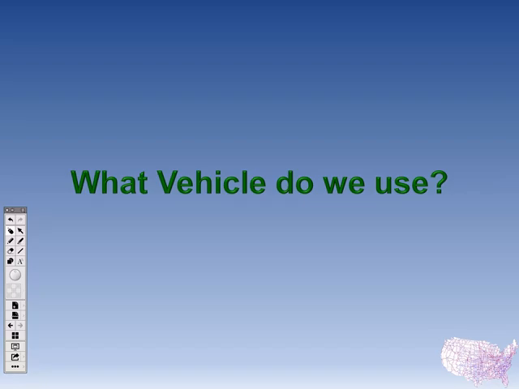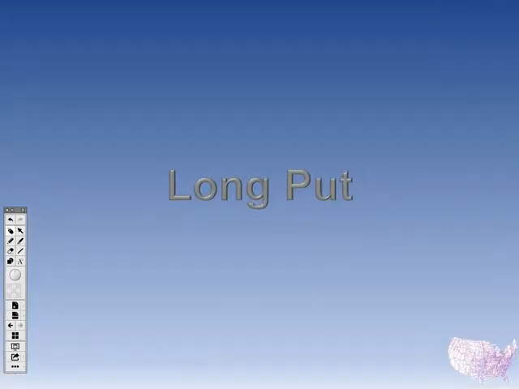So let's go over this. What vehicle do we use? Well, we're going to use the long put, right? We're kind of leaning towards that, because we came up with the idea that if we are buying low premium, that means we're buying an option, which is a long, and we have a bearish assumption.